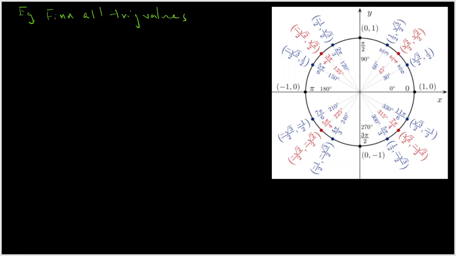By that we mean sine, cos, tan, cotan, secant, cosecant. Find all trig values of an angle theta. So now let's say theta equals, let's do a simple one first, maybe pi over 4.